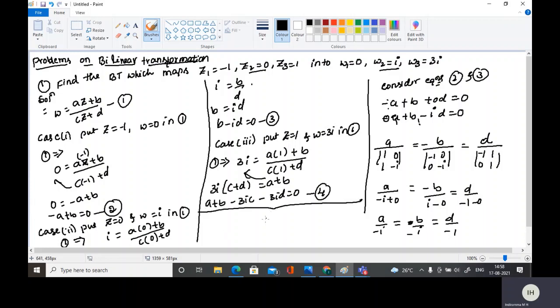So we obtain a by i is equal to b by i is equal to d by 1. Therefore, what is a value? a is i. b is i, not minus i, it is d. And d is equal to 1.